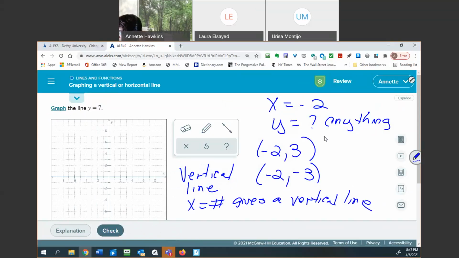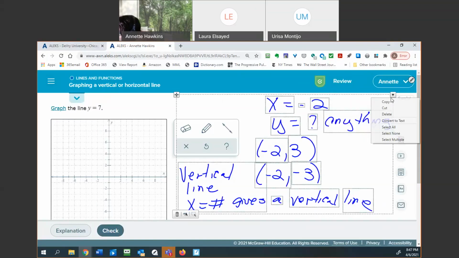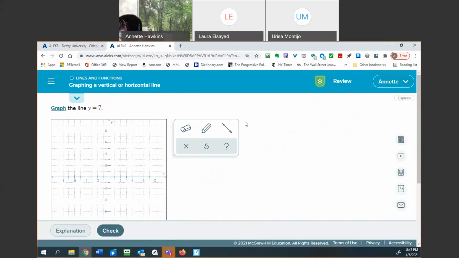Let's do this one. All right, it says y equals 7. So that means x can be anything, okay?